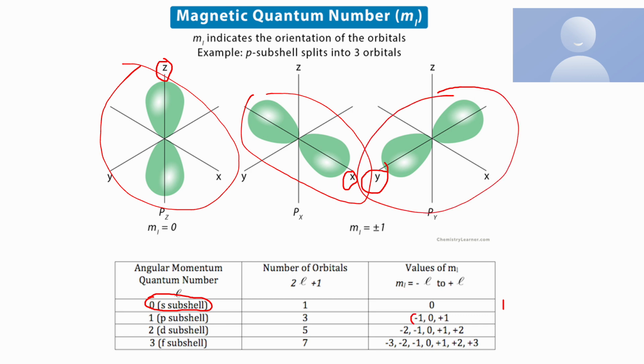So we see right here -1, 0, and +1, meaning you can have 3 orientations for it. For your D subshell, there's 5 orbitals, so you can have 5 orientations. And for F, you can have 7 orbitals, therefore you can have these 7 different orientations that these electrons can be moving in.